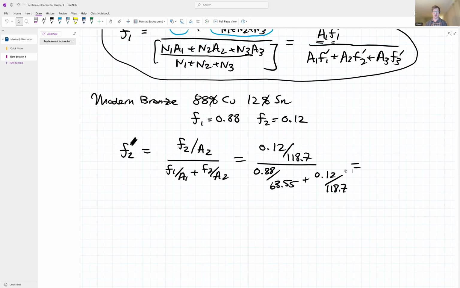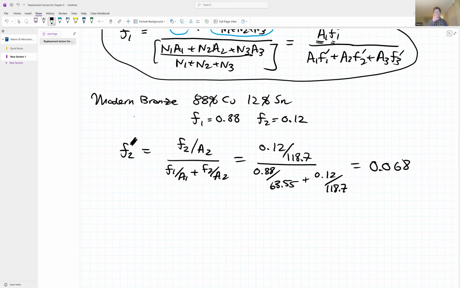by atom, which is going to be quite interesting and different from what we had before. So tin is very heavy, so it's going to reduce that fraction when we do things by atom. So that's 0.068.